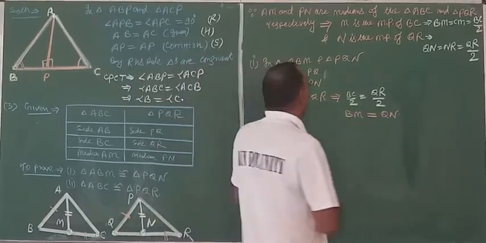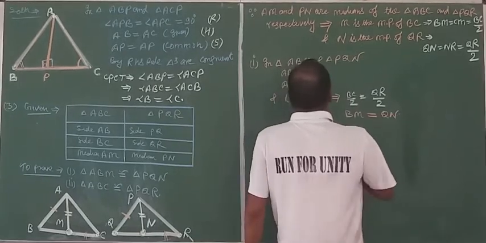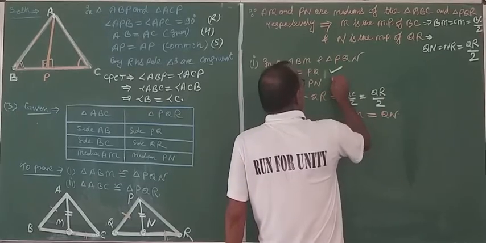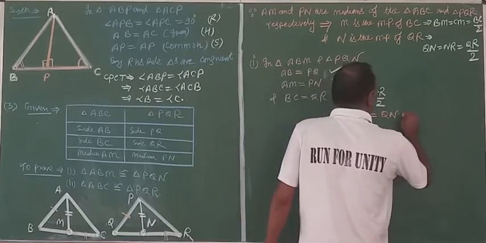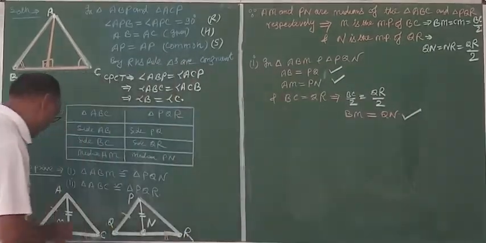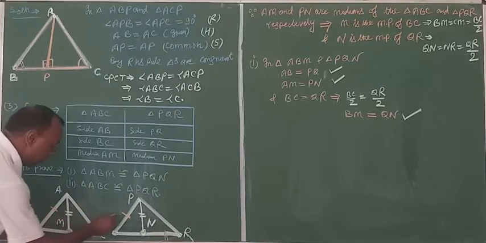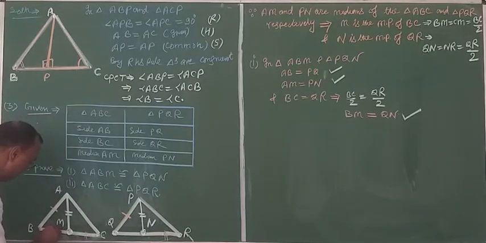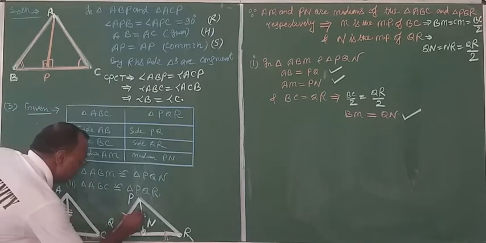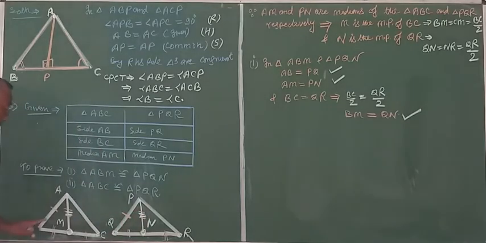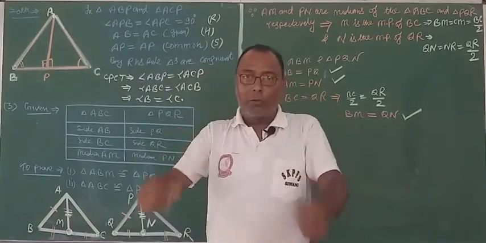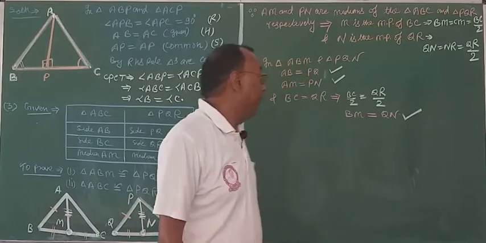Now just look, what is happening? What is our first thing? AB is equal to PQ, AM is equal to PN, and BM is equal to QN. So three sides of triangle ABM are equal to the three sides of triangle PQN.